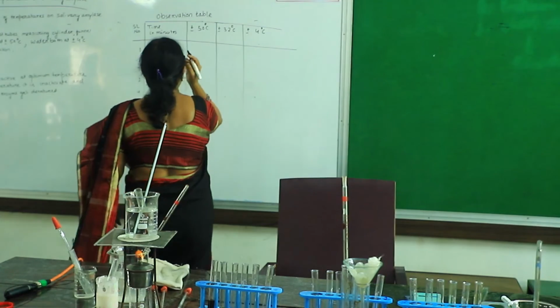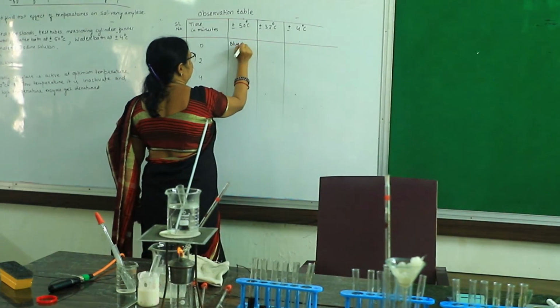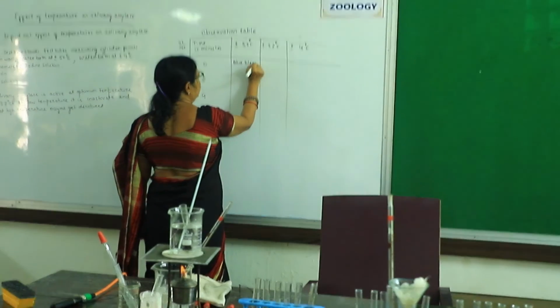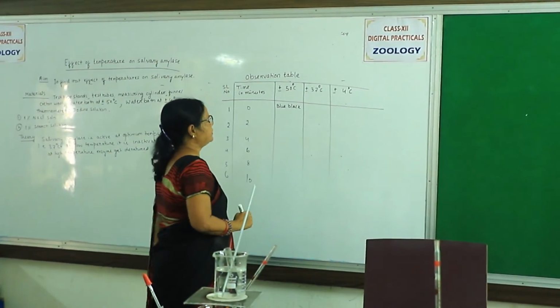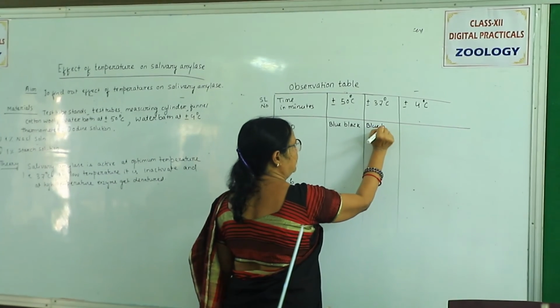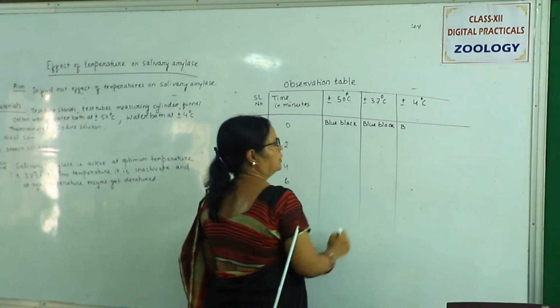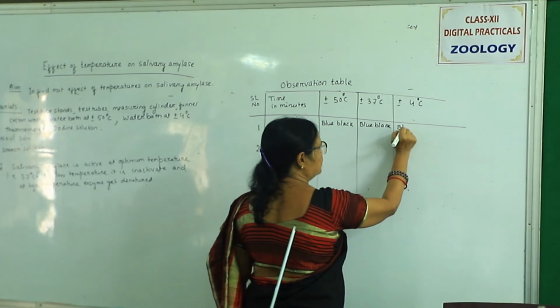Observation table. At 50 degrees it is blue black, because at 50 degrees centigrade salivary amylase gets denatured. At 37 degrees also, initially when you start, it is blue black. And at 4 degrees, due to low temperature, it is also blue black.